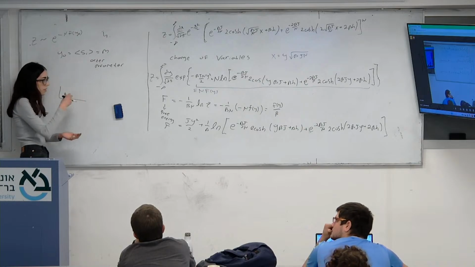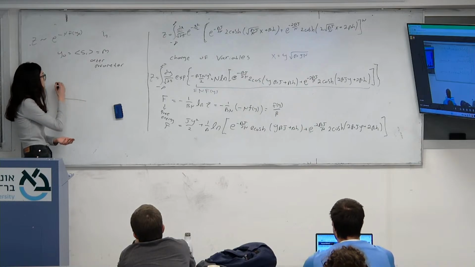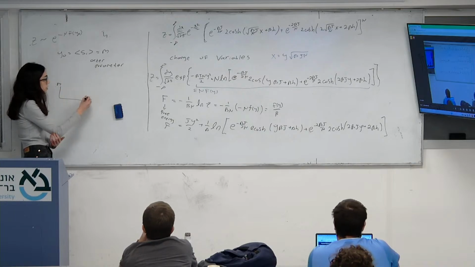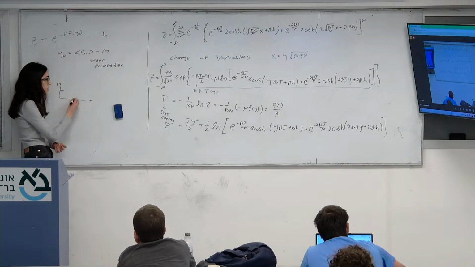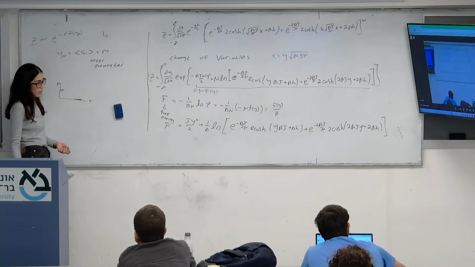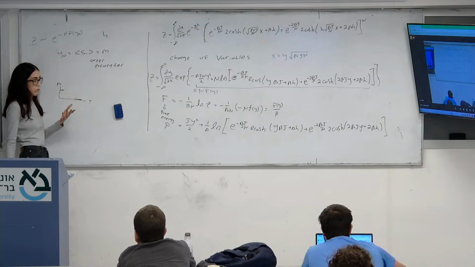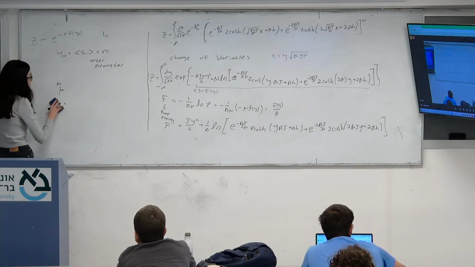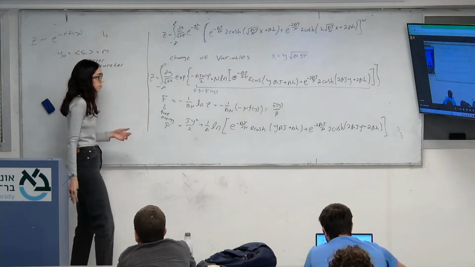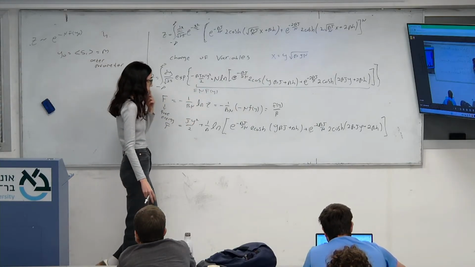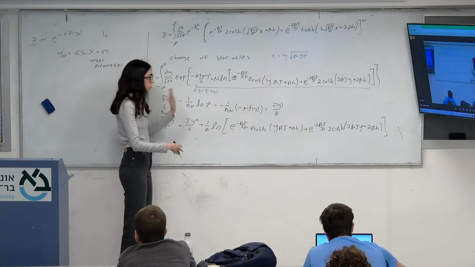When we had the simulation in the homework, we had the average magnetization versus the temperature. You had here finite magnetization, you had here zero magnetization. So this was the order parameter of the system. What we're going to do is study how this order parameter behaves in different types of systems. But this will be later.